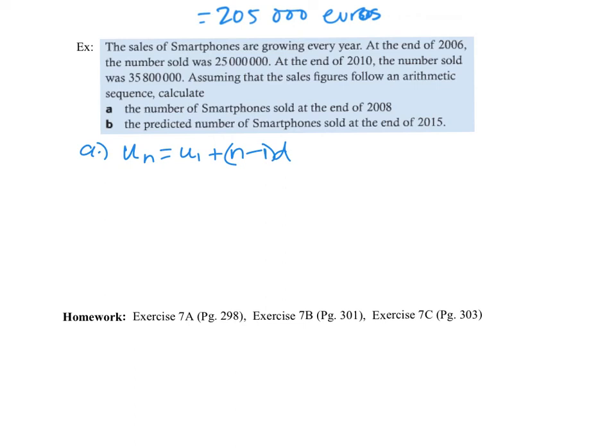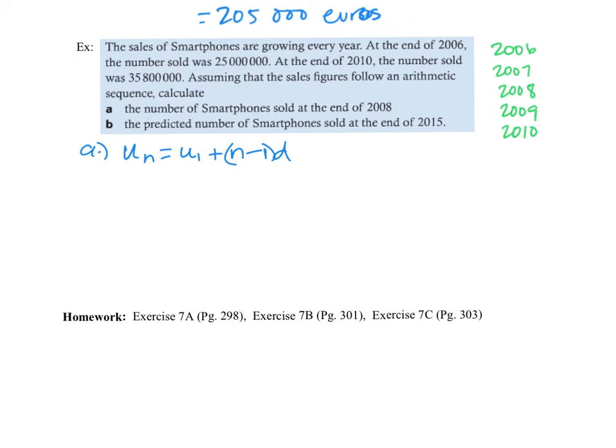If we list the years, the first term is at the end of 2006. Then we have 2007, 2008, 2009, 2010. So if the end of 2006 is our first term, then we're looking at the second, third, fourth, and fifth term.